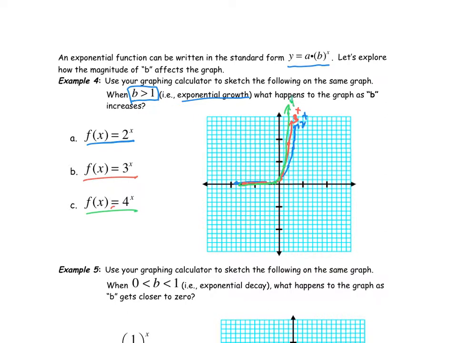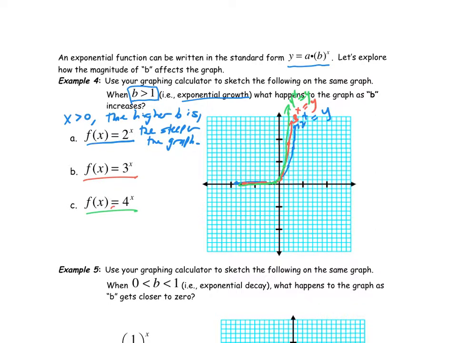And based on these functions, we can generalize a bit. So we can say that if b is greater than 1, we have growth. And we're going to say that for the graph, if x is greater than 0, the higher b is, the steeper the graph. And that makes sense because we're multiplying by a larger value.